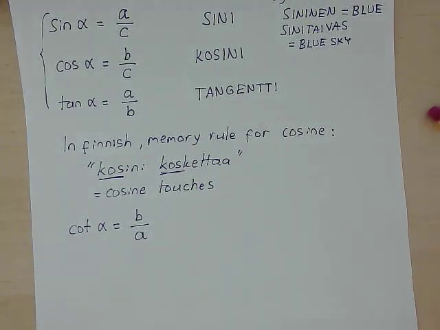And then, do you remember these two others? There are totally 6. Cosecant, and the last is secant. You have sine and cosine, tangent and cotangent, and secant and cosecant.